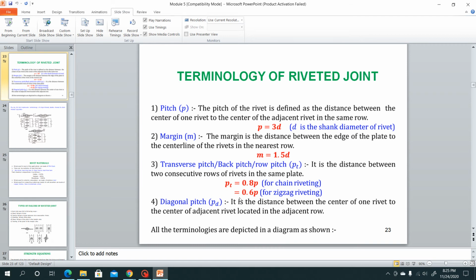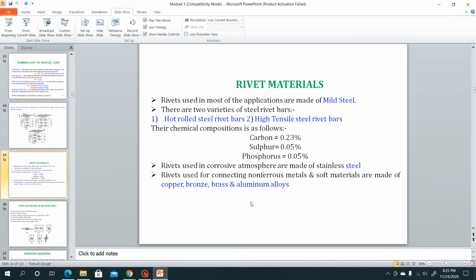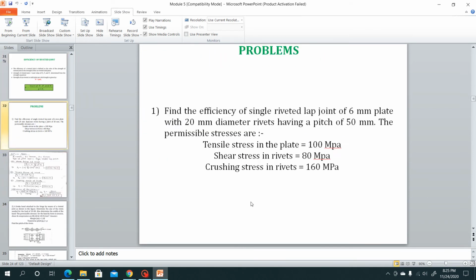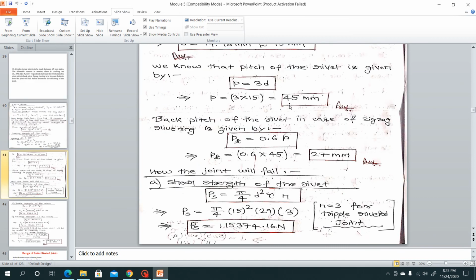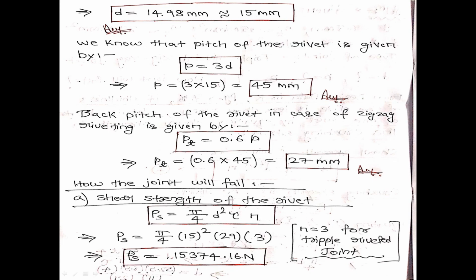It is 0.6 times the pitch of the rivet. Since in the problem zigzag riveting is used, PT is equal to 0.6 times P. So P is how much in the problem? P we got 45 mm. So 0.6 into 45, that is 27 mm. So this is the transverse pitch or back pitch of the problem.